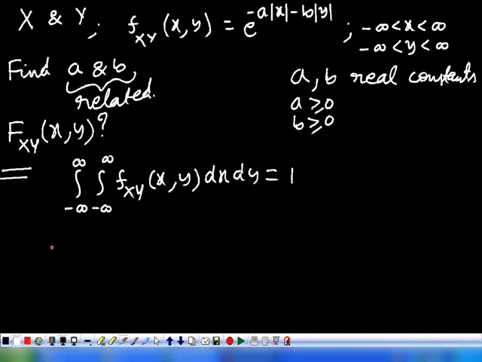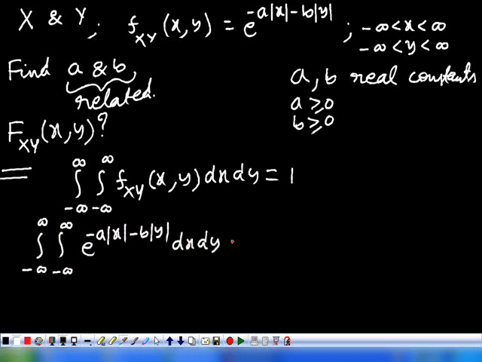Now you substitute this value here. Then this can be written as the integral from minus infinity to plus infinity, and this is minus infinity to plus infinity, of e power minus a mod x minus b mod y dx dy equivalent to 1.